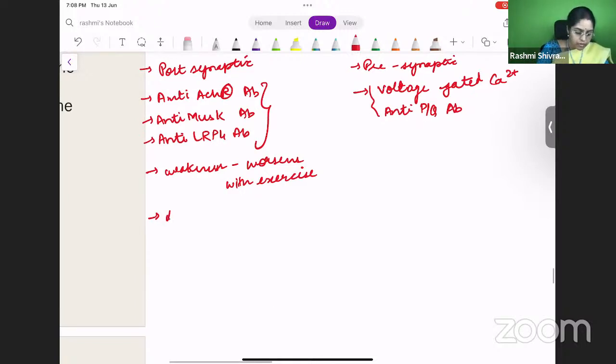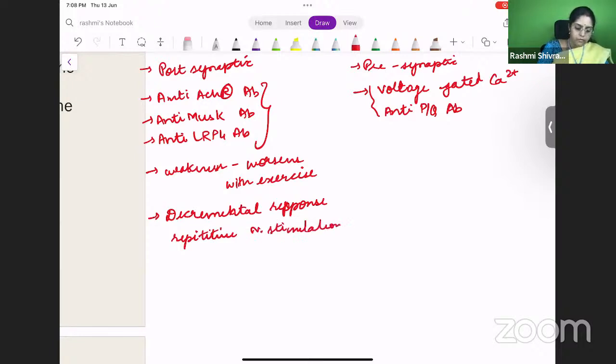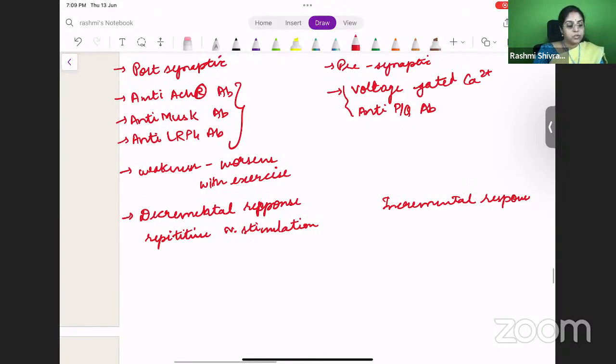So you will have a decremental response on repetitive nerve stimulation, whereas in Lambert-Eaton you will have an incremental response.